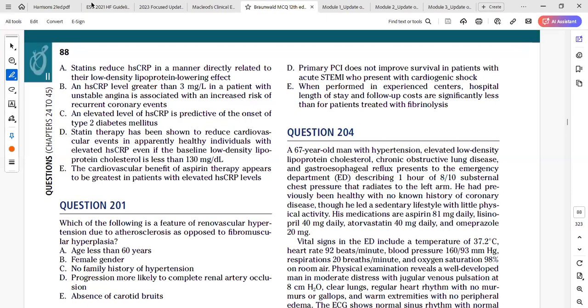They actually improve in survival, because I just talked about the SHOCK trial that was done for patients who have cardiogenic shock and received PCI. So the answer to question 203 is D. The incorrect answer is D. Patients who had PCI in cardiogenic shock actually improved. So the incorrect answer there is D.